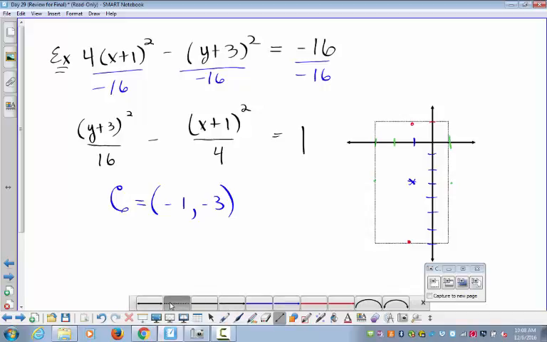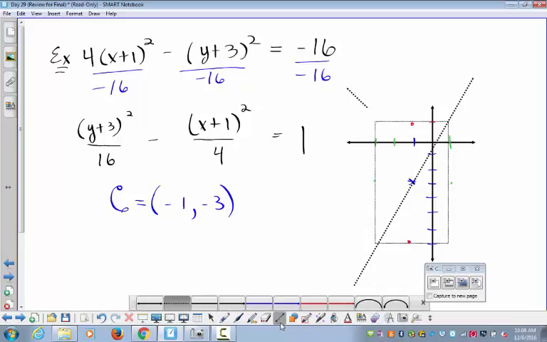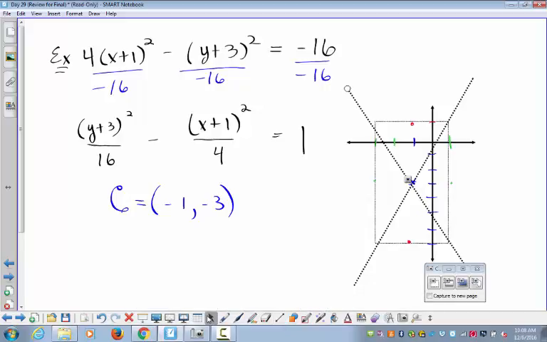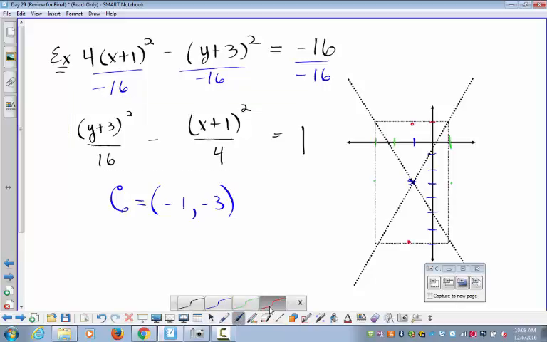Those will be our asymptotes. All right, and then this hyperbola, like we said, the arches here, one's going to go up, one's going to go down.